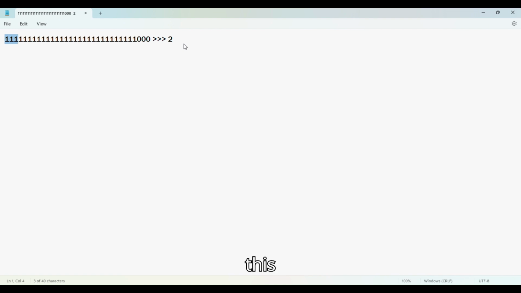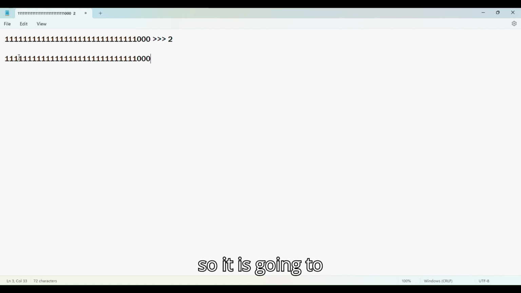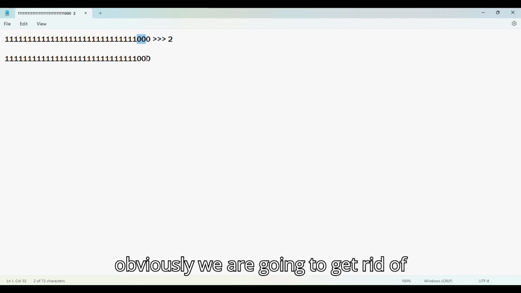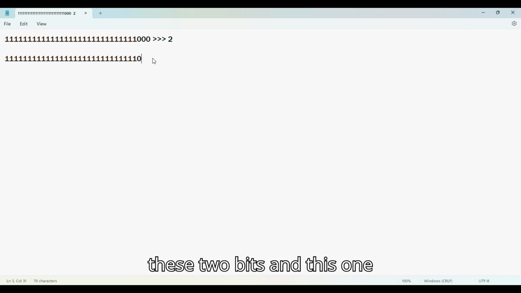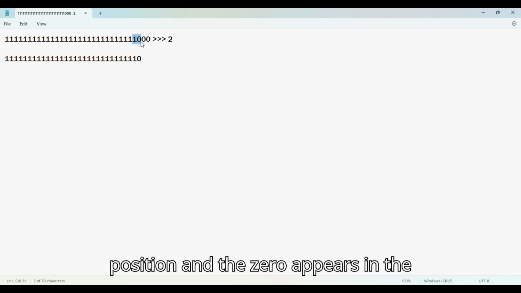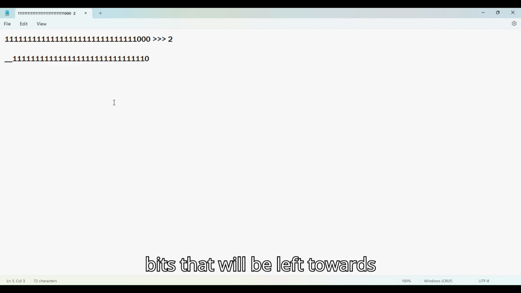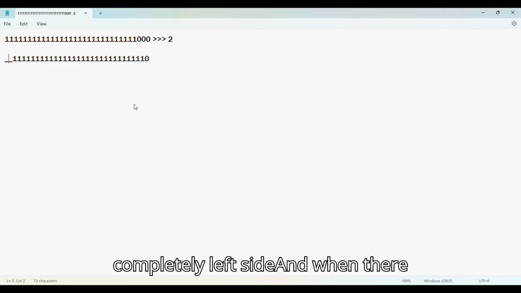Let me copy this. So it is going to shift these bits towards right side. We are going to get rid of these two bits, and this 1 0 appears in the second position and the 0 appears in the first position, and there will be two bits left completely towards the left side.